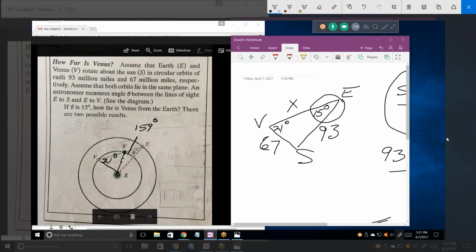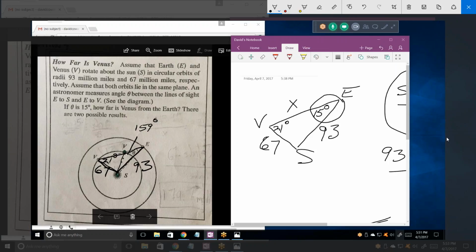The distance from the Earth to the Sun is 93. Right. The distance from Venus to the Sun is 67. And that's true in both of those triangles. Here, let me make sure you're clear. There's one triangle.